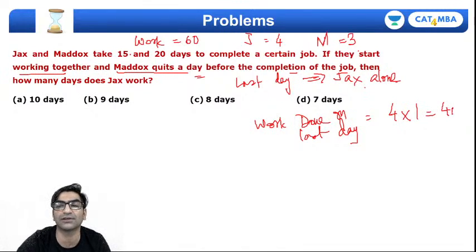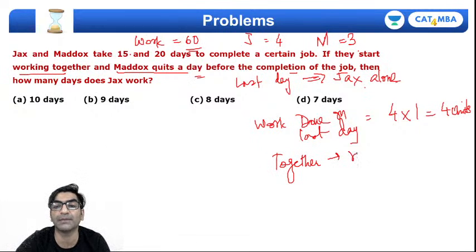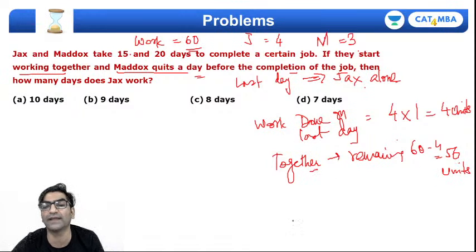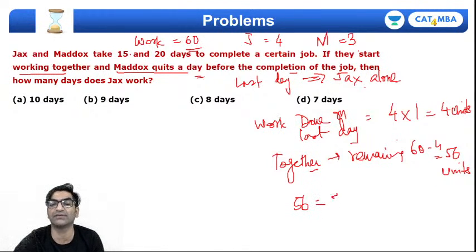So Jack's alone completes 4 units of work out of 60 units, which means together they completed the remaining 60 minus 4, right? They completed the remaining 56 units. At what rate? Since they did it together, you'll say 56 will be the combined rate, which is 7 into time taken, and you can see that 7 8s are 56, so time taken is 8 days.